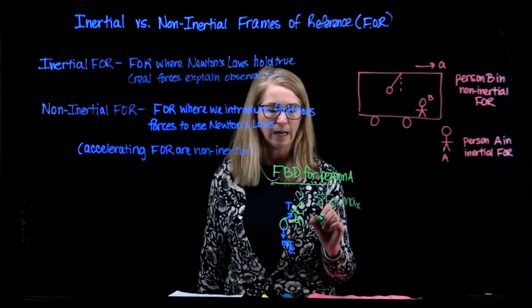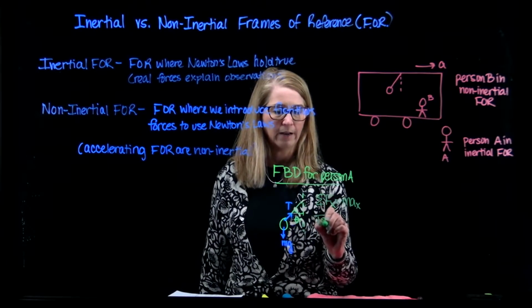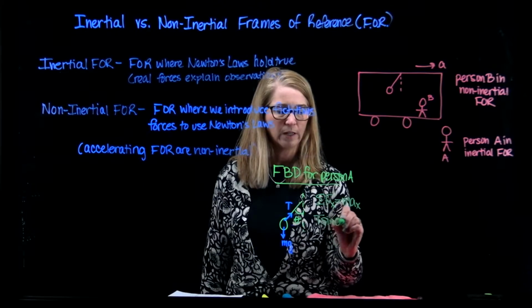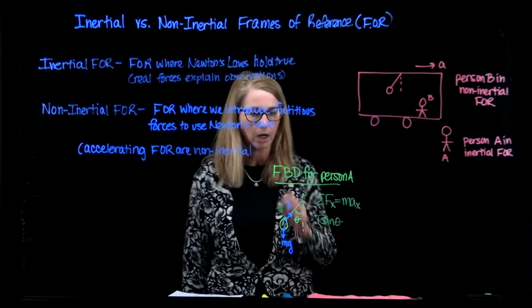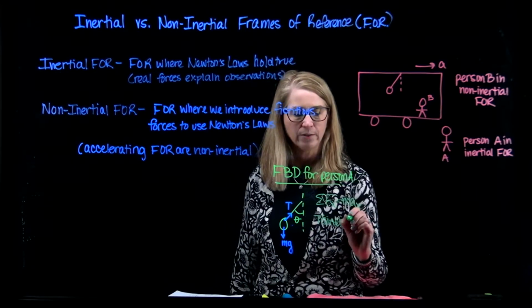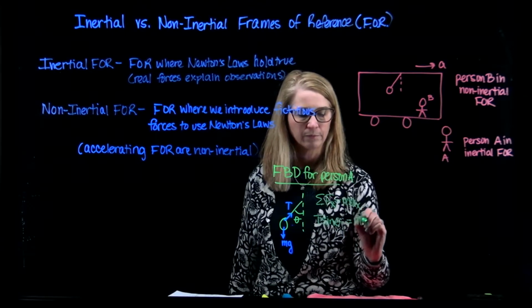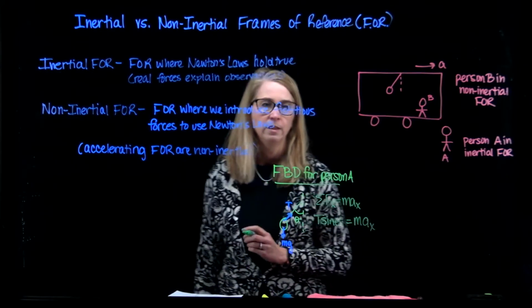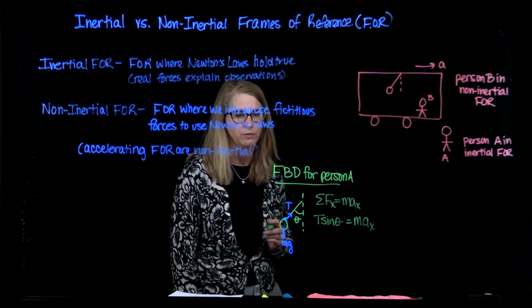And the only x component of force I have is the x component of the tension, which because of the way that I've defined the angle is T sine theta. And so that's my x force.